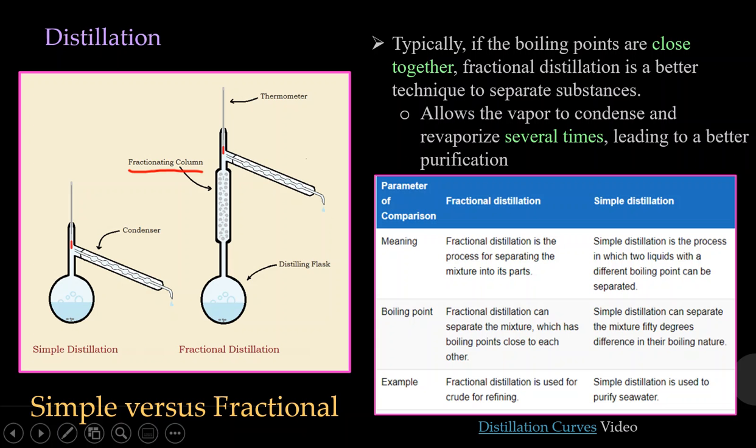Now there's a video here that goes over the distillation curves along with the heating curve, and shows you the difference between fractional and simple if you want to take a look at that. He does a good job talking about it, but I don't know if it's really necessary to make everybody watch that.